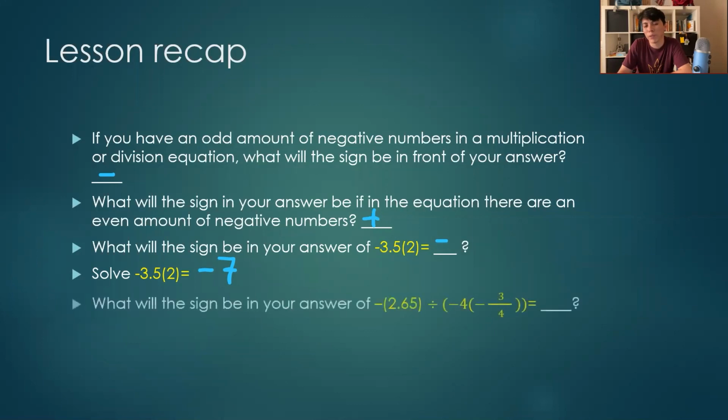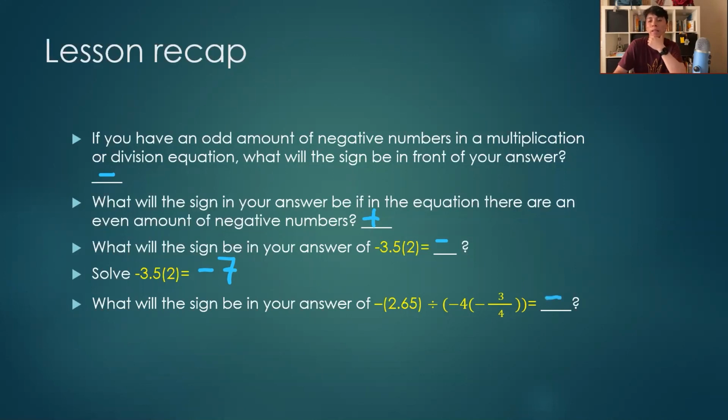So what will the sign be in your answer of negative 2 65 divided by the quantity of negative 4 times negative 3/4? So pause, think about it, and press play when you're ready to see the answer.